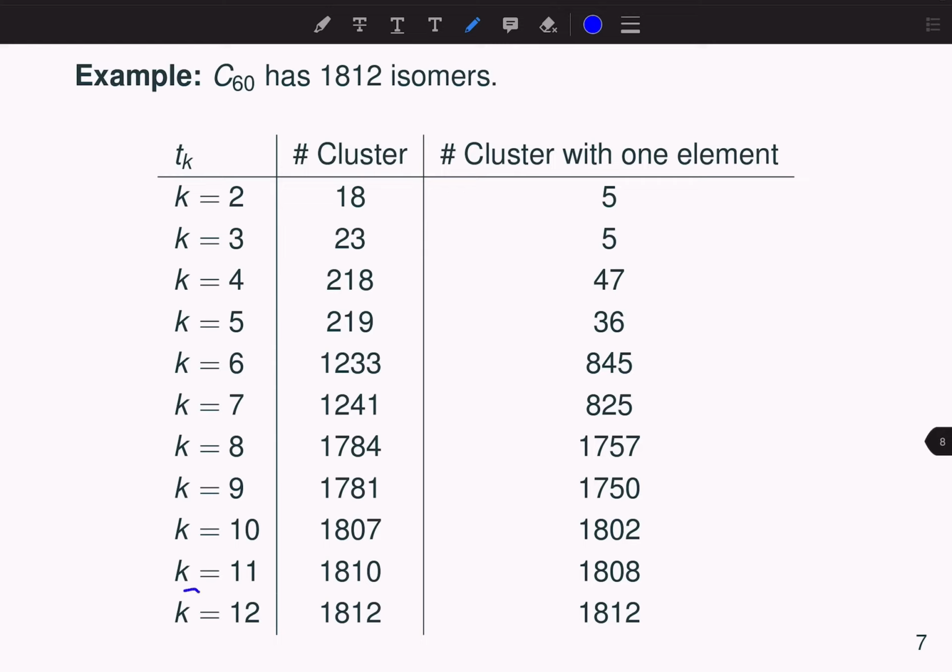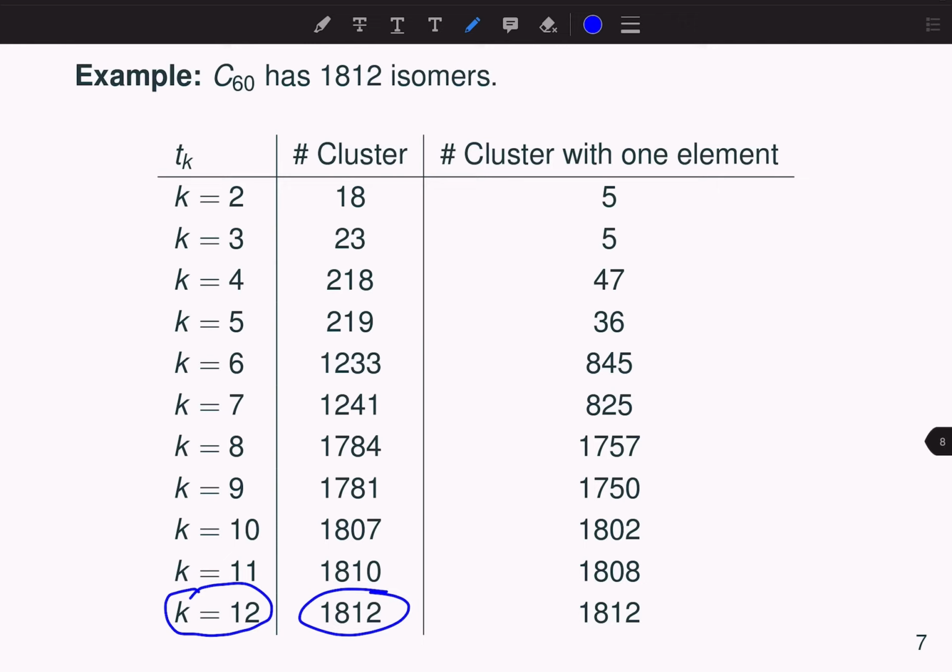And after 12 iterations, we have a complete clusterization of all isomers, meaning that every fullerene is uniquely characterized by T12, the Newton polynomial of degree 12.